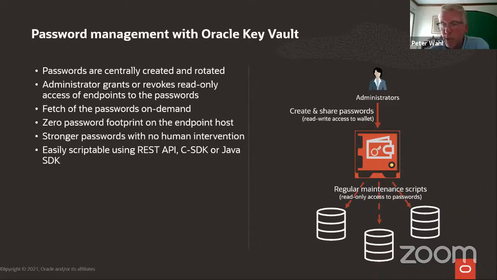You can write a script that generates a new password every day after the script was running. You generate a new password that we change in the database, that we upload into OKV, and that we use the next morning when your script runs. And when your script is done, we again change the password. And so this whole script can be automated and written once, and then you forget it and you have new passwords every day.